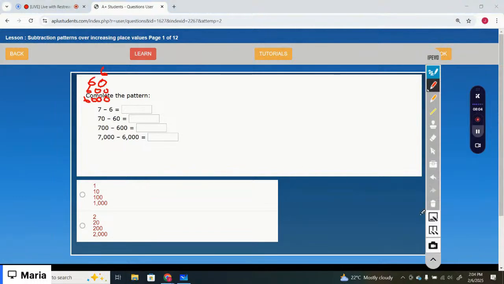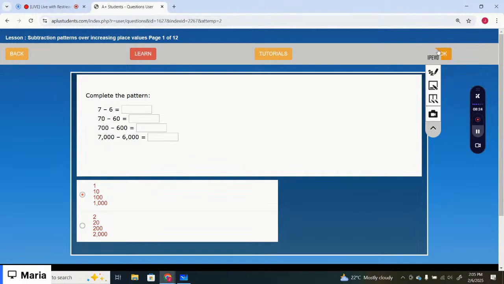That is 7 take away 6 is 1. 70 take away 60 is 10. 100 and 1000. So yes, very good. That is option number 1. 1, 10, 100 and 1000 is the correct option.